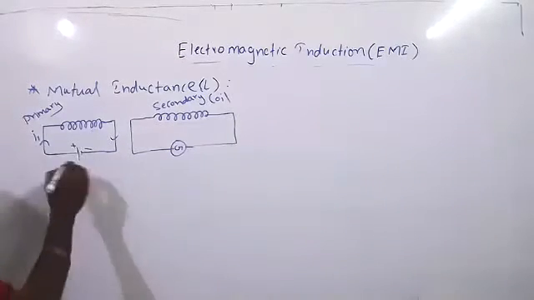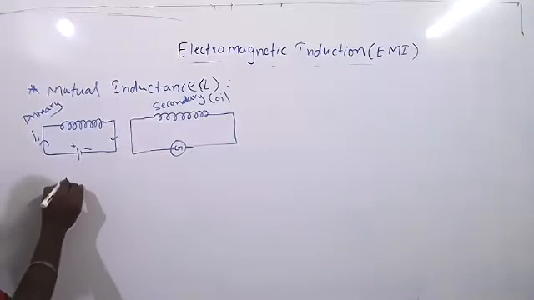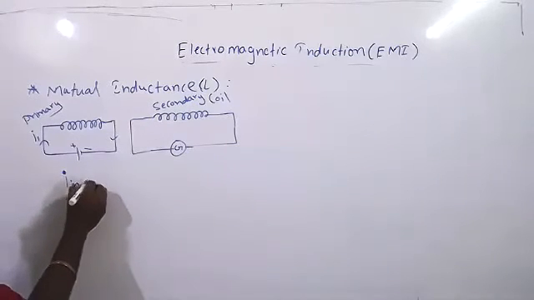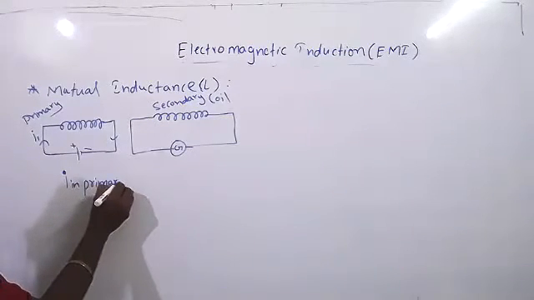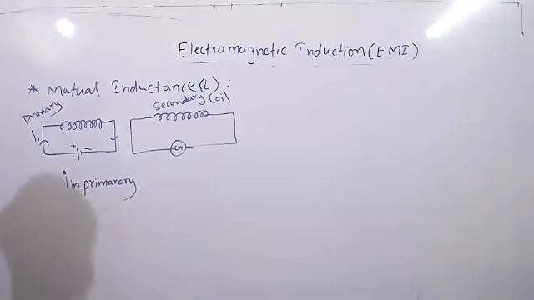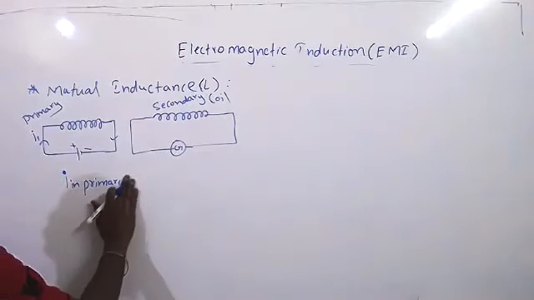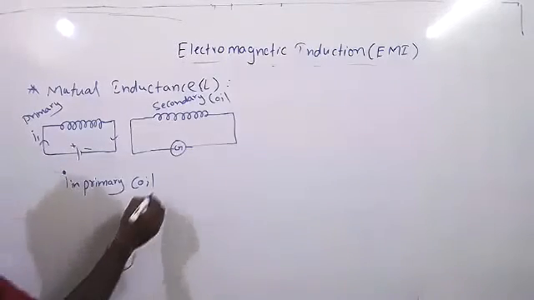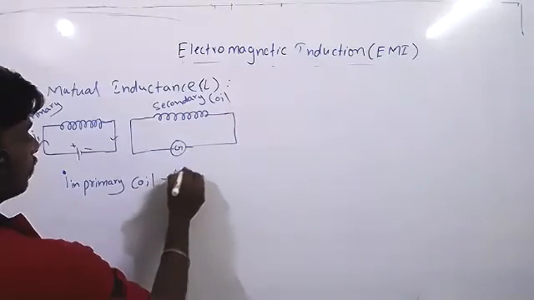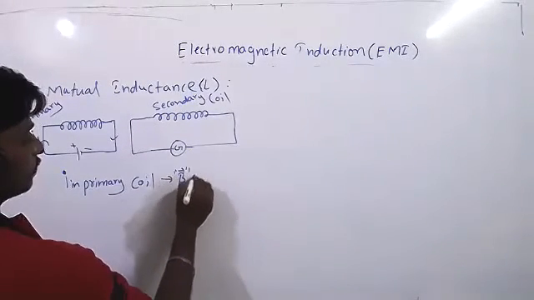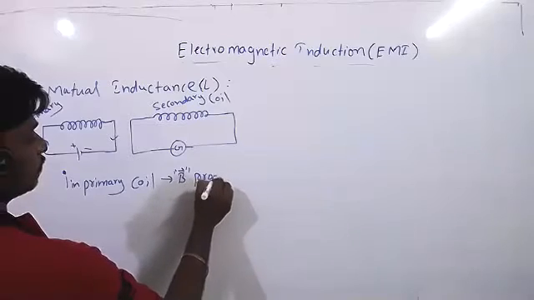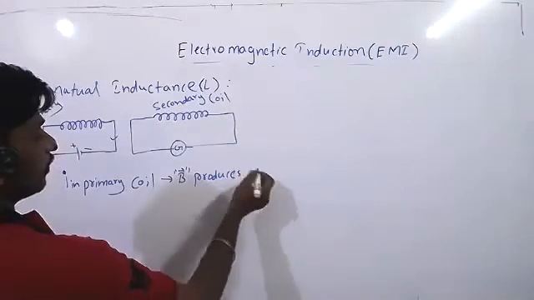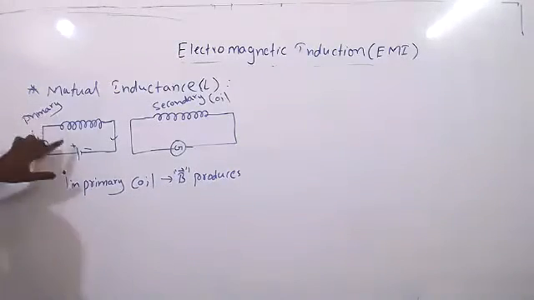So current I is passing in the primary coil. The primary coil produces B. What will happen when current is passing through the coil?